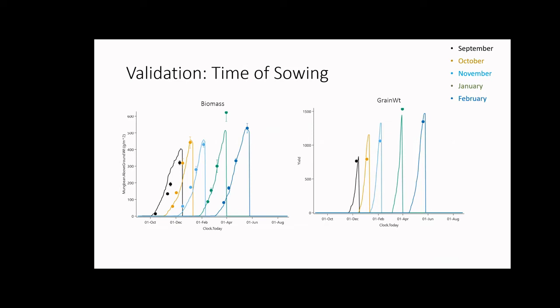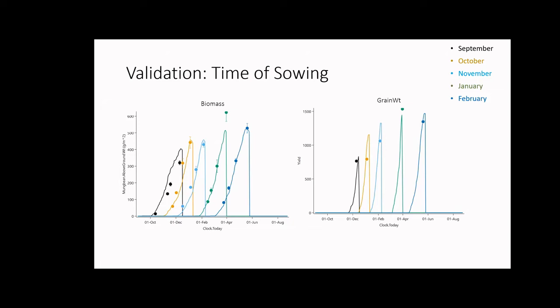We were lucky enough to have a couple of studies that looked at time of sowing. So this is an example from Kylie Grant's study in Gatton, which looked at 5 different times of sowing with 6 different cultivars. Again, this is Jade, which is the most popular cultivar in Australia, and we were able to look at that early to late planting for biomass accumulation, grain weight, as well as a number of other variables.